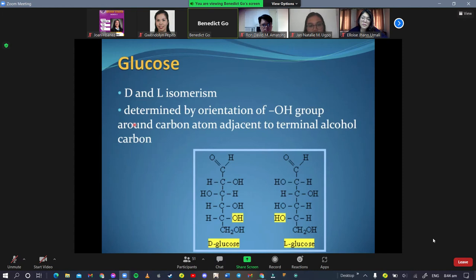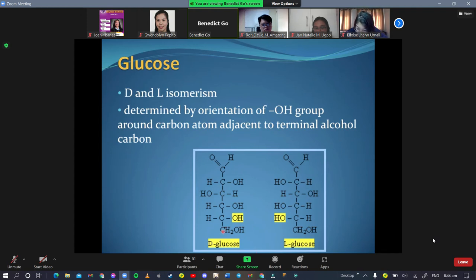And going back to the first statement I mentioned in the first slide, I said that glucose was the most important carbohydrate, which we're going to discuss this morning. And glucose has D and L isomerism. The D and L isomerism is determined by the orientation of the hydroxyl group around the carbon atom adjacent to the terminal alcohol.